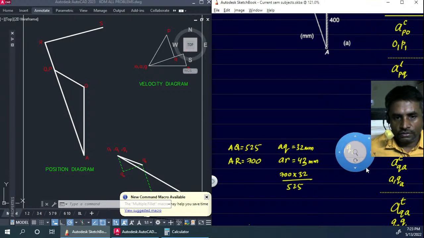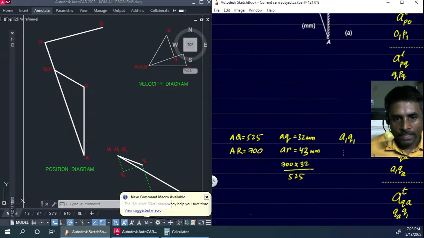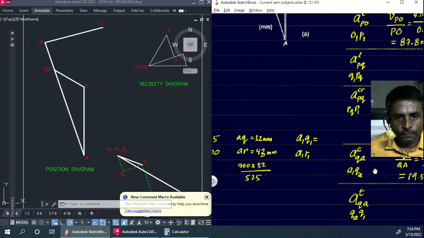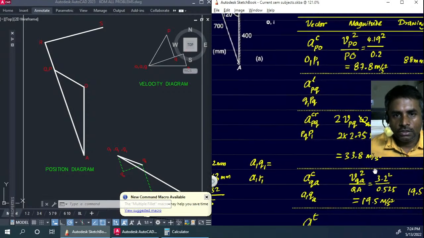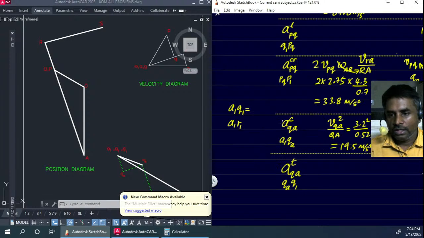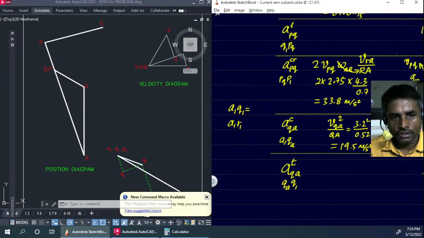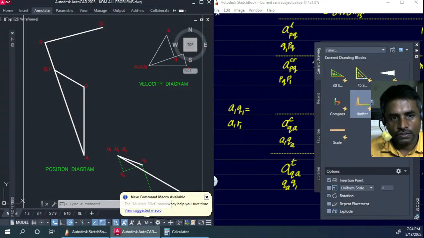So we need to take acceleration A1Q1, and find A1R1 with the help of that. For A1Q1, we got the length, we'll have to actually measure it. So let's go ahead and measure this.